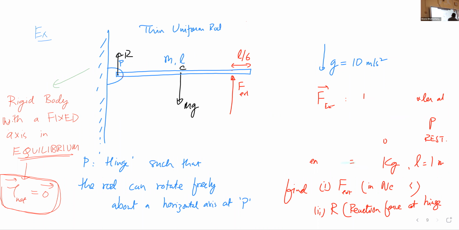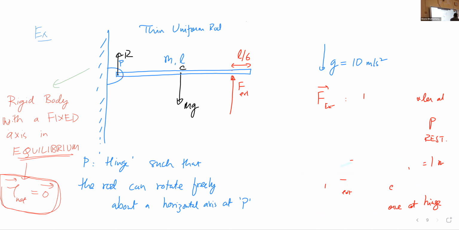Because its moment arm is 0, no? The reaction force is acting at the hinge, so it does not contribute to torque. Okay. But the body is also at rest in terms of translation, no? Not only is its alpha 0, but its acceleration is also 0. So net force acting on the body should also be 0. So that's where the contribution of the reaction force is coming in.